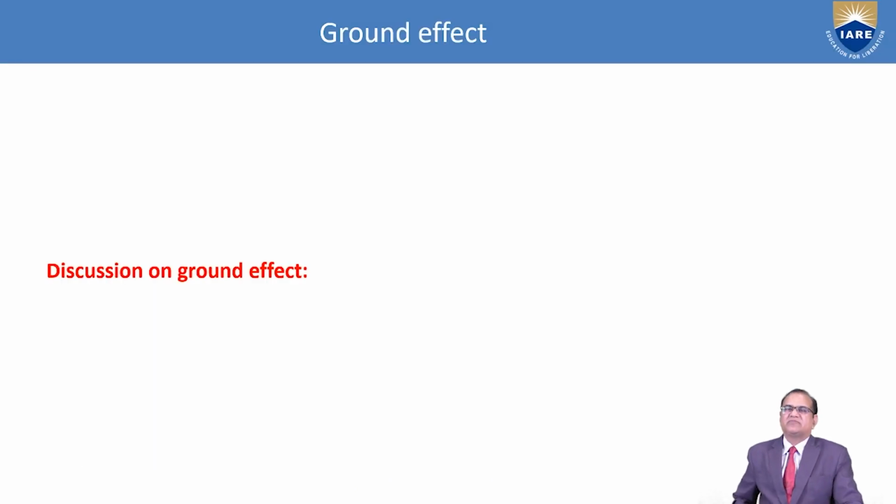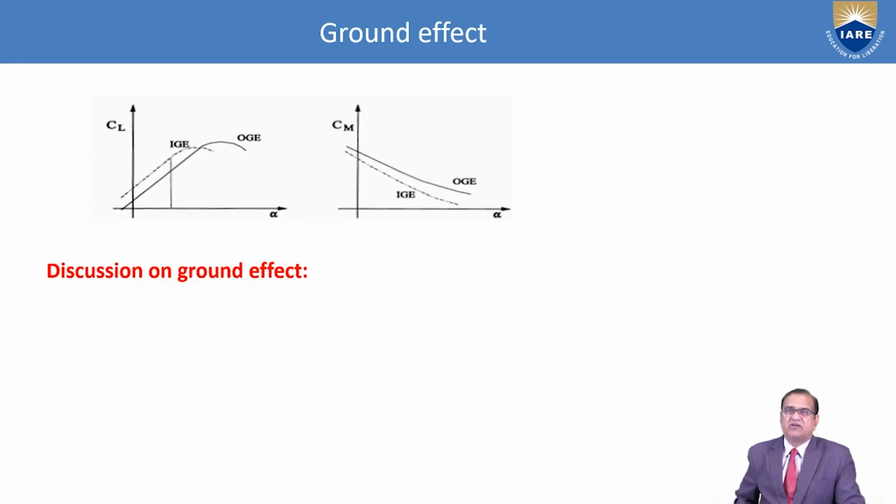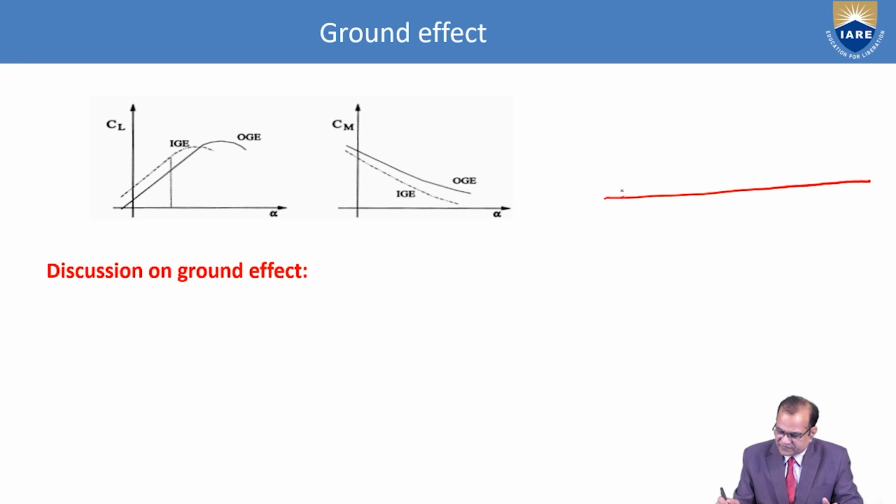Now I will discuss about the ground effect on the aircraft. How the ground is, if the aircraft is flying near the ground, what will happen? Especially when you are landing and the takeoff. So if you are taking off from here and you are climbing like this, so up to here as you are leaving, you have some ground effect.